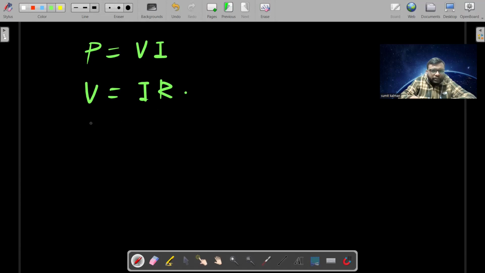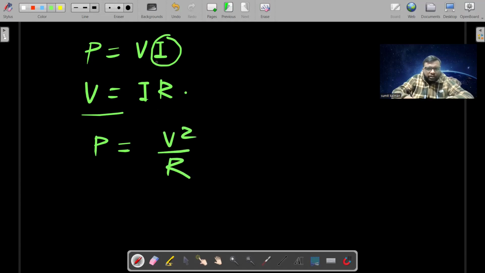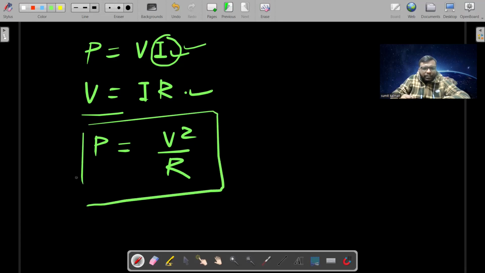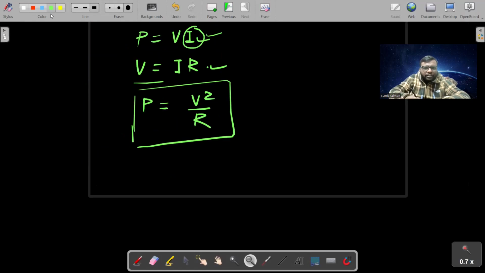So here in the formula of power, we will replace the current I. From V is equal to IR, I will be equal to V upon R, and if we put I is equal to V upon R, then power will become P is equal to V square by R. And students, power and voltage are given, so we can easily calculate the resistance of each bulb.